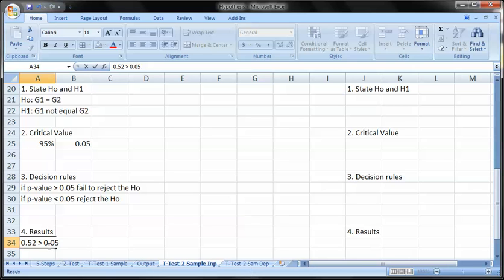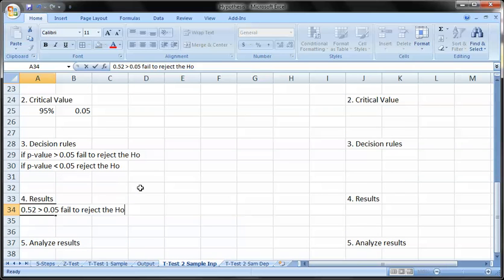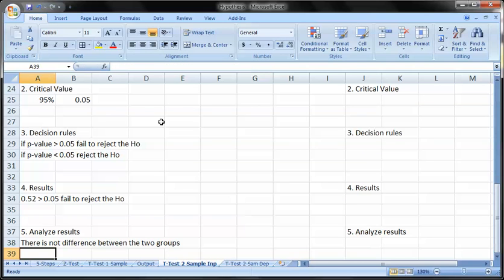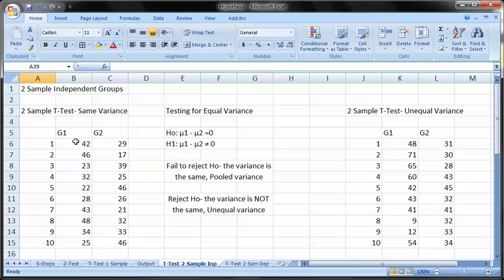Therefore, we fail to reject the null, meaning there is no difference between the two groups in terms of production. So basically, group 1 produces the same as group 2.